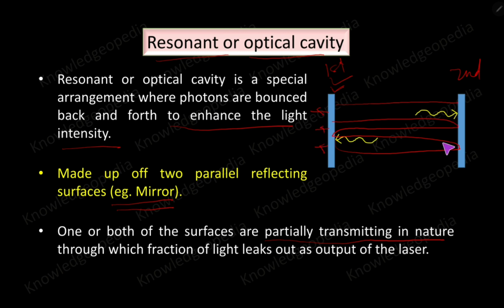Similarly, if this is also made partially transmitting, part of the light will be reflected back towards the first surface, and part of the light will be transmitted through this surface. So the light transmitted through these two surfaces is the output of the laser source. If one is partially transmitting, then we will get output from one side. If both are partially transmitting, then we will get the output from both sides.